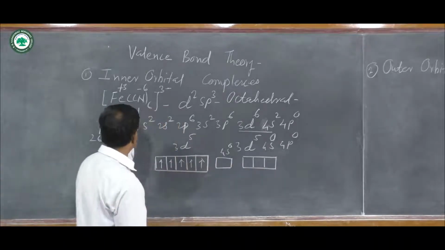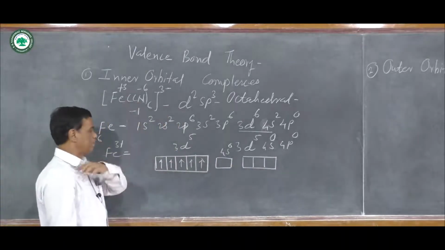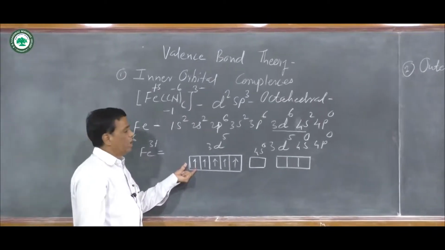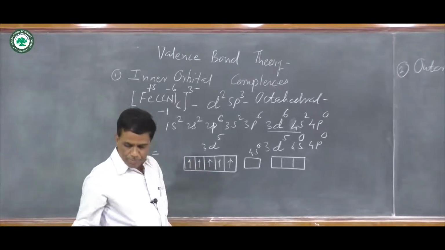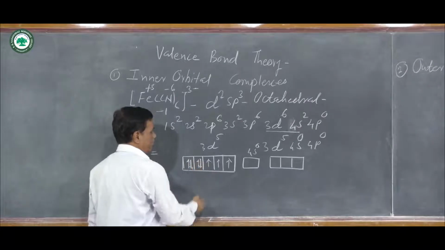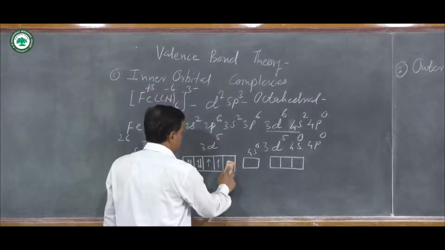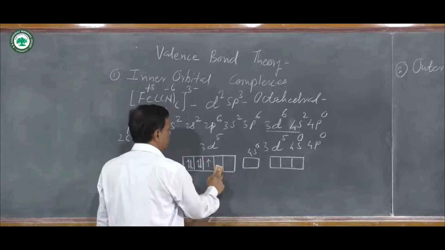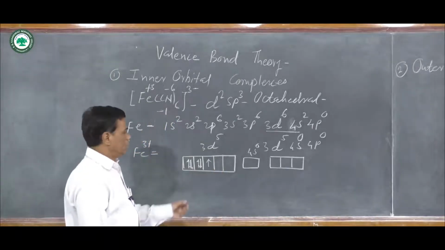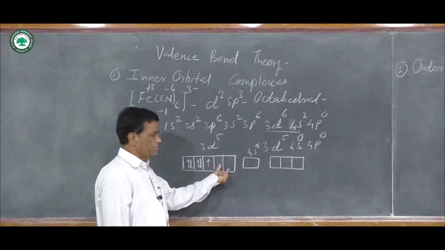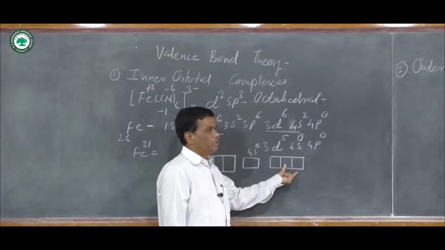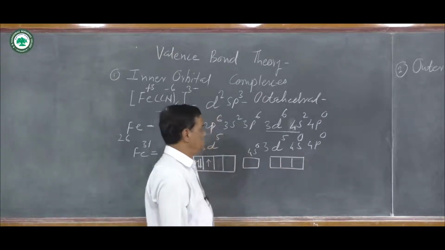When there is a formation of the [Fe(CN)6]3- complex ion, there is a rearrangement of electrons, and in that arrangement pairing starts. These 5 electrons form 2 pairs. Then 2 3d orbitals remain empty, the 4s orbital is empty, and the 3 4p orbitals are empty.